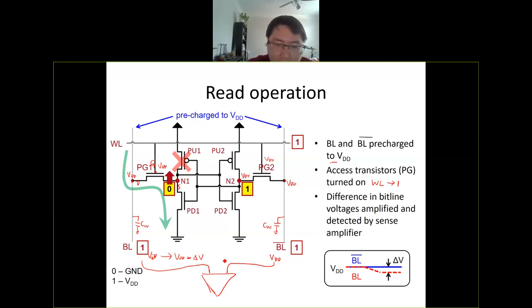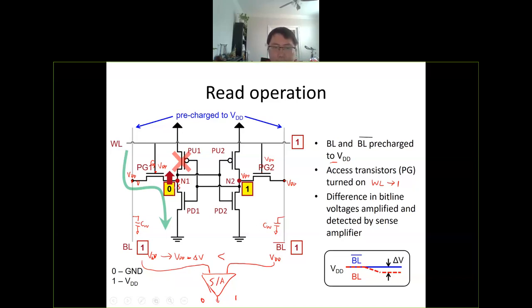So this one is smaller than the bitline bar. So this sense amplifier will detect the difference, and the output will tell you this side is 0, this side is 1. We are not going to discuss the sense amp design in this class, but the amplifier can amplify the small signal difference. So here the bitline is smaller than the bitline bar, then the output will tell you that this bitline is 0 and bitline bar will be 1. So this is how you read the data out.